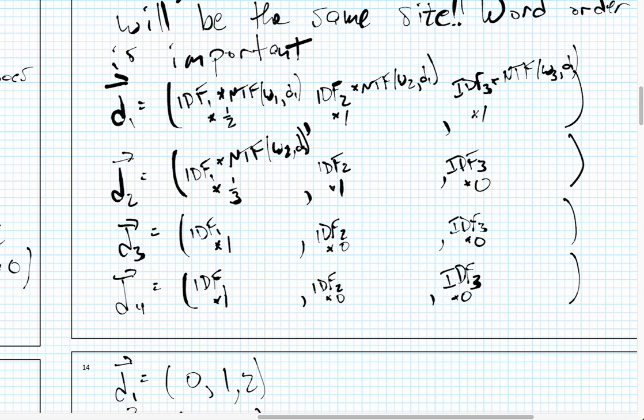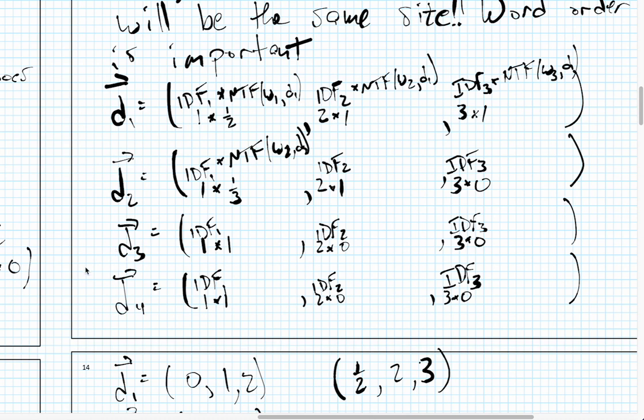And now I'm going to come back over here and make this a 1, that a 2, 3, 1, 2, 3, 1, 2, 3, and 1, 2, 3. Okay, so what happens here now is that D1 is really 1/2, 2, 3.